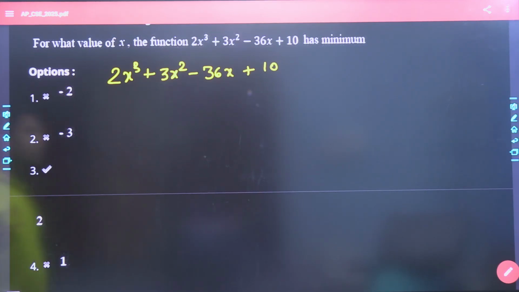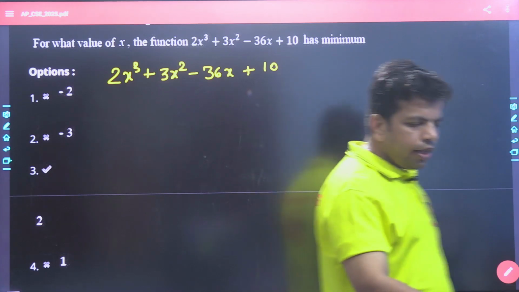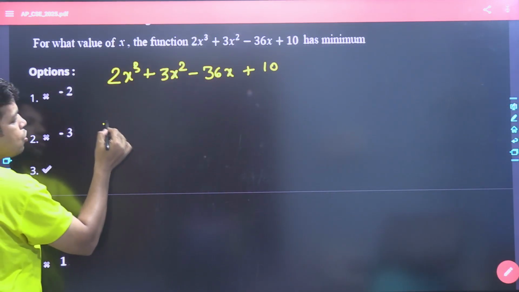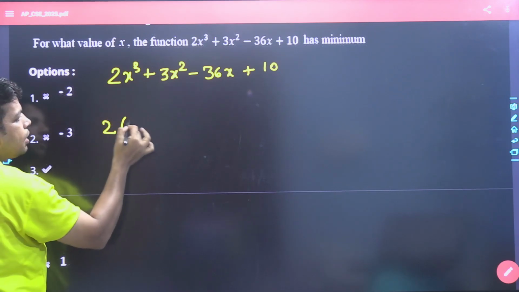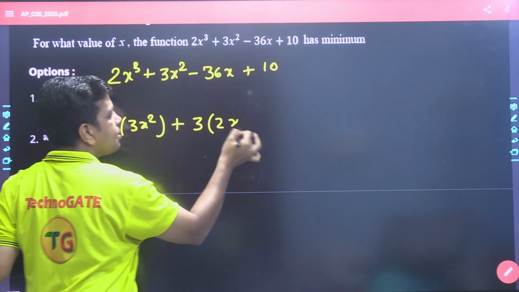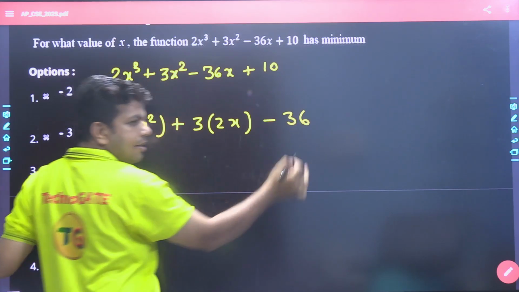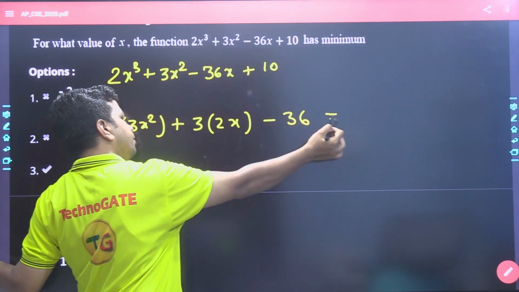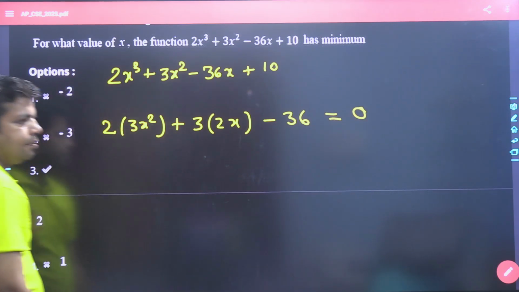First of all, you need to take the differentiation of this particular equation. So 2x cube becomes 3x square plus 2x minus 36. Just put that value equal to 0.